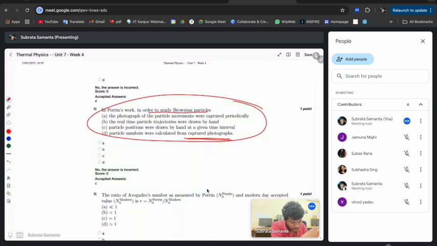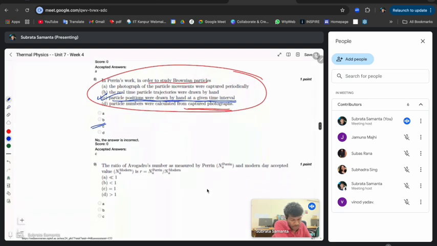So recall your class notes: the particle positions were drawn by hand at a given time interval. So option C is correct. That is Perrin's methodology.